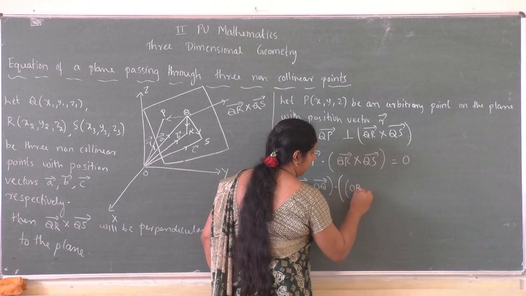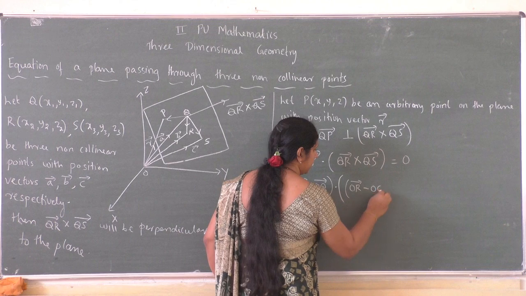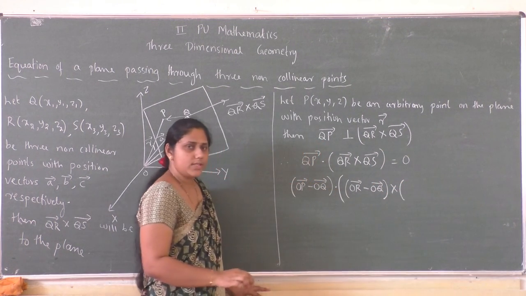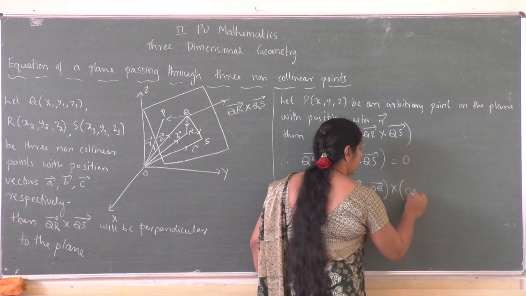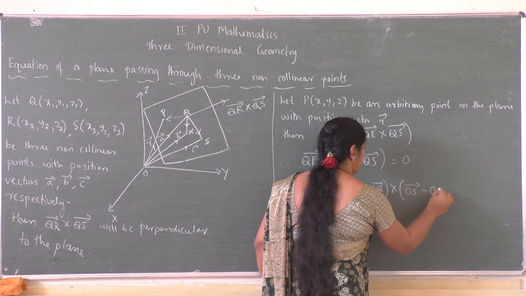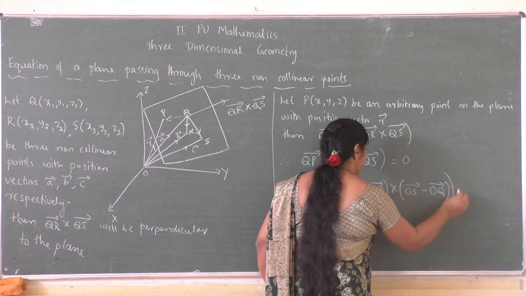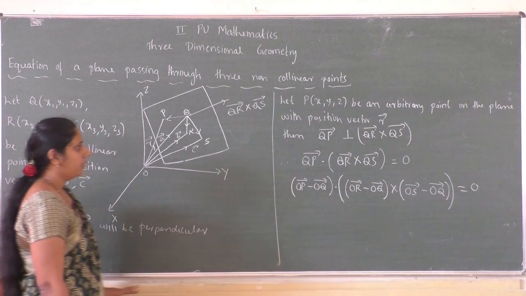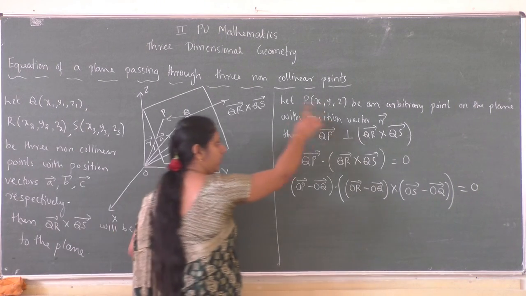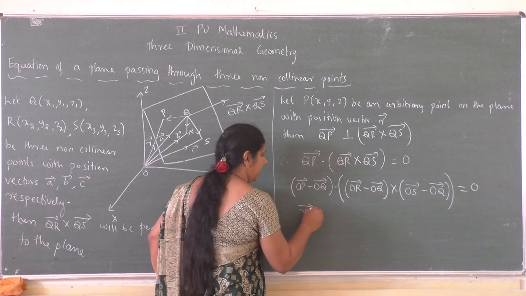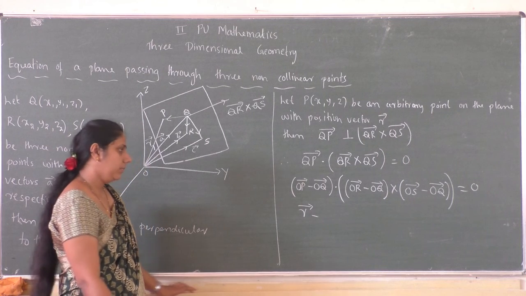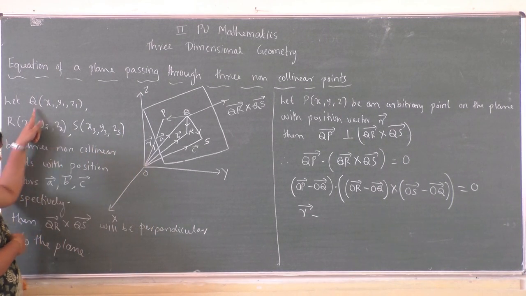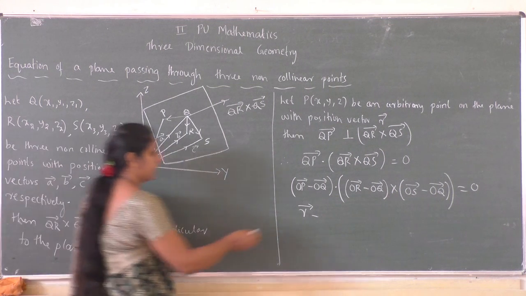It is OR vector minus OQ vector cross, how to write QS vector? It is OS vector minus OQ vector, which is equal to 0. Now what is OP vector? It is the position vector of P. What is the position vector of P? It is R vector minus OQ, and OQ is the position vector of Q, that is A vector.